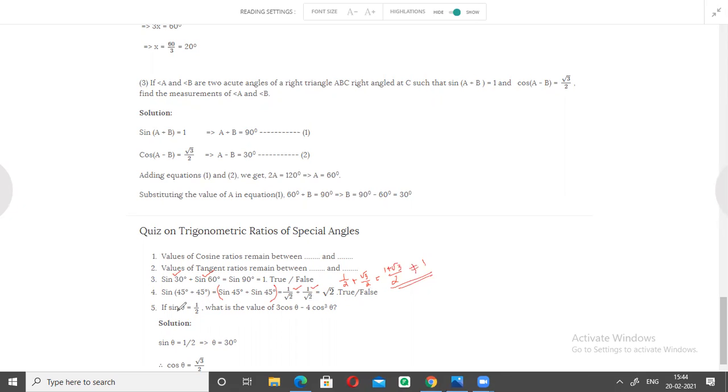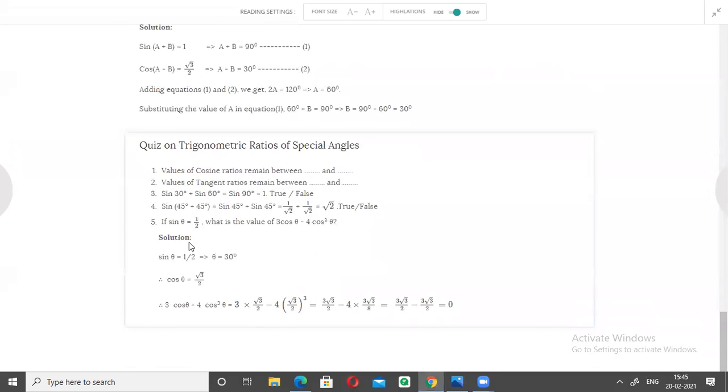Now, the last one: if sine theta is equal to 1 by 2, what is the value of 3 cos theta minus 4 cos cube theta? If sine theta is equal to 1 by 2, then we know sine 30 degrees is 1 by 2, so theta is 30 degrees.